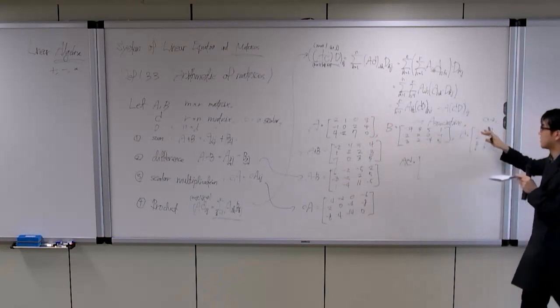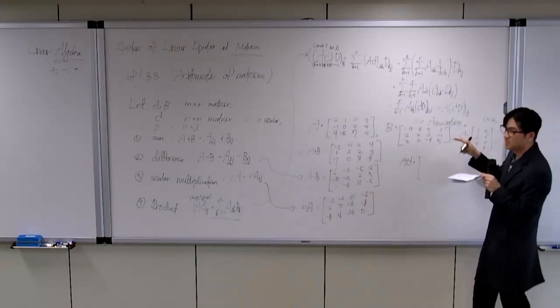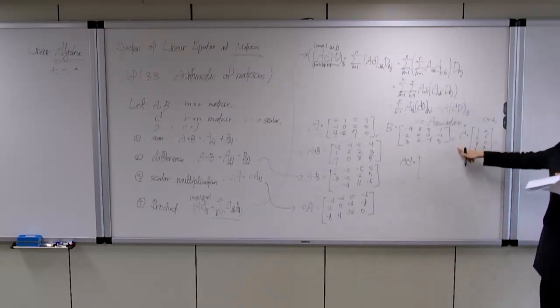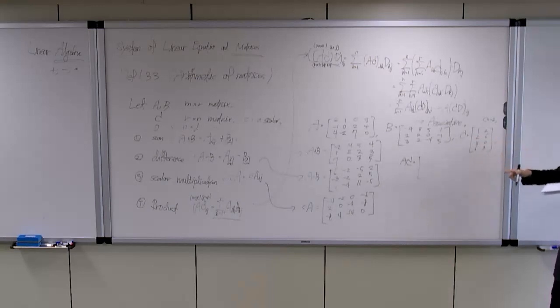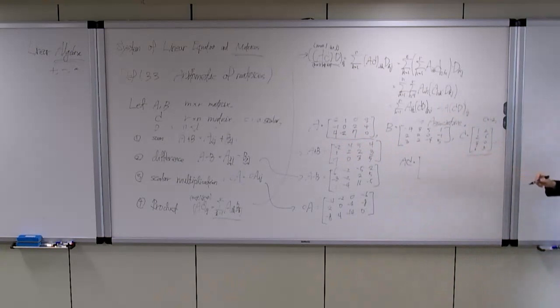row by column. So capital C is a matrix. I will multiply the A and C matrices.